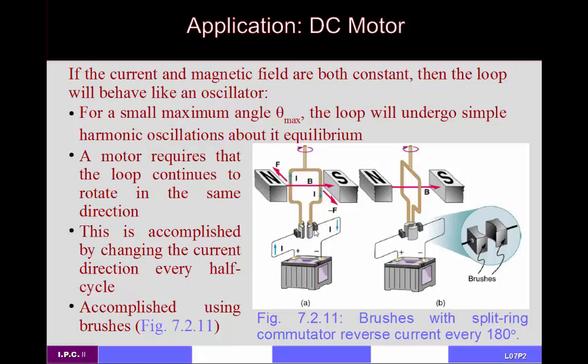So how do they accomplish that? Well, they basically put a pair of couplers. So your loop basically looks like this. Your current runs around this loop, and then this coupler and this coupler are not in contact with each other, but they are in contact with a pair of brushes, which are then hooked up to the battery.